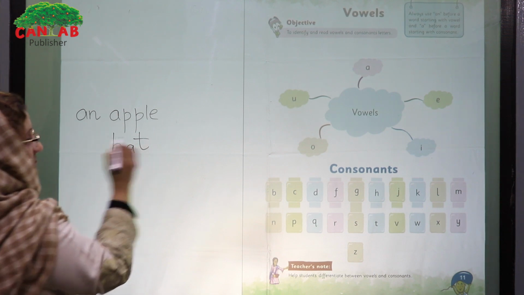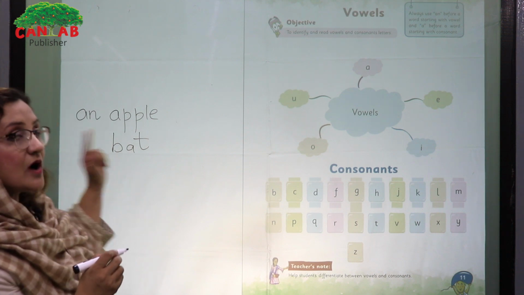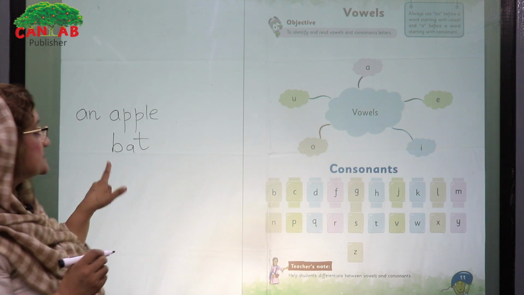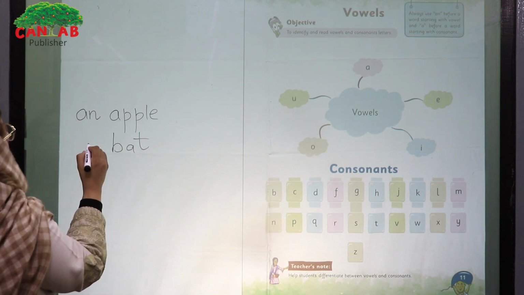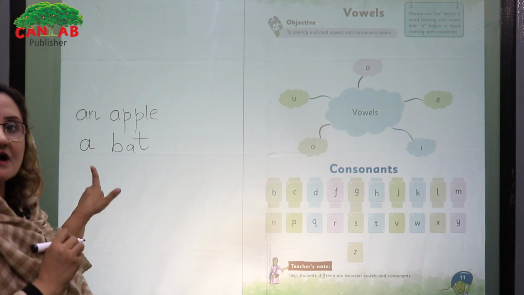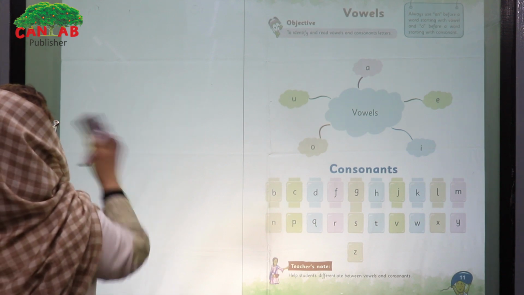Bat, bat, bat. B. Is this a vowel or a consonant? This is a consonant. So it begins with the word a: a bat.